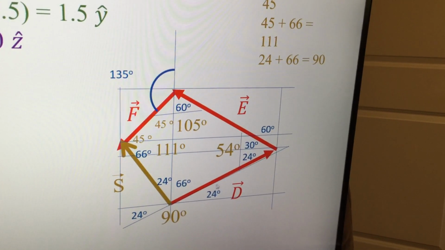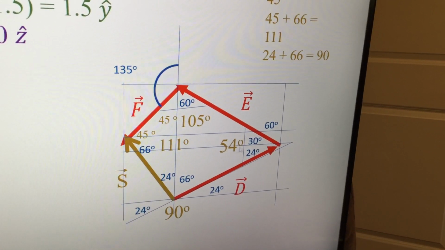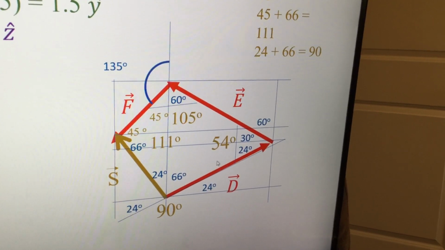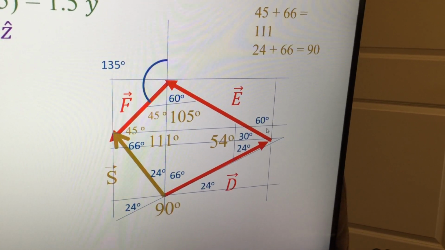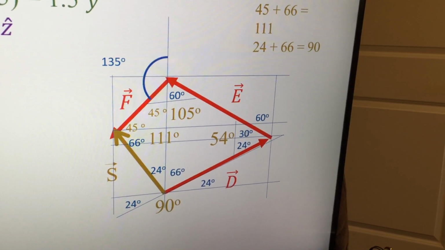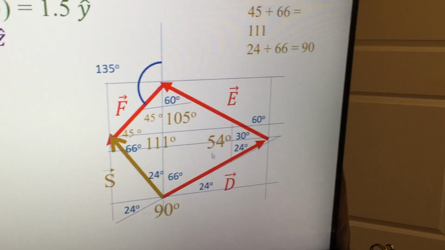We move up and we get a 24, because 24 and 66 make 90. Then, since that is a 90 degree angle, that gives us 30 degrees over here. Add them up, and we get the angle between E and D, 54 degrees.